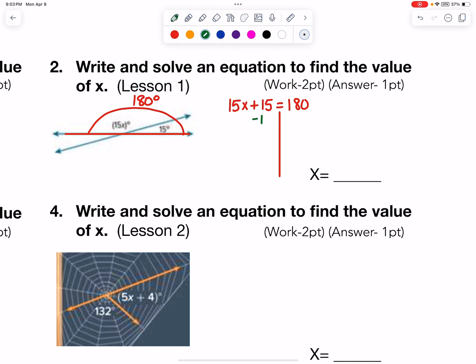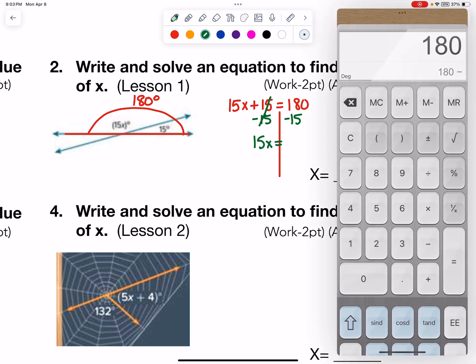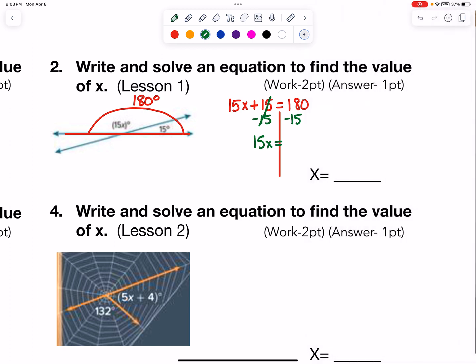So we're going to go ahead and subtract 15 on both sides. And we end up with 15x equals 180 minus 15, which is 165. And again, we could do it in our heads, but if it's a test, I don't want to make any silly mistakes.